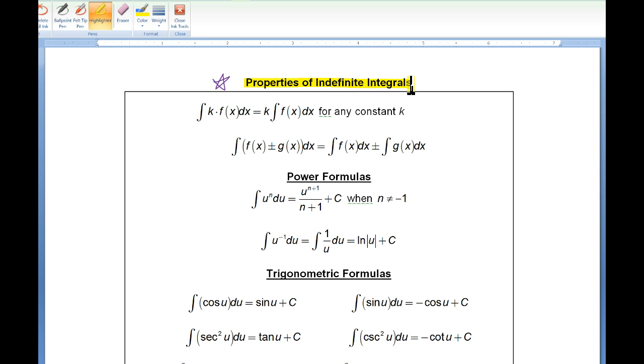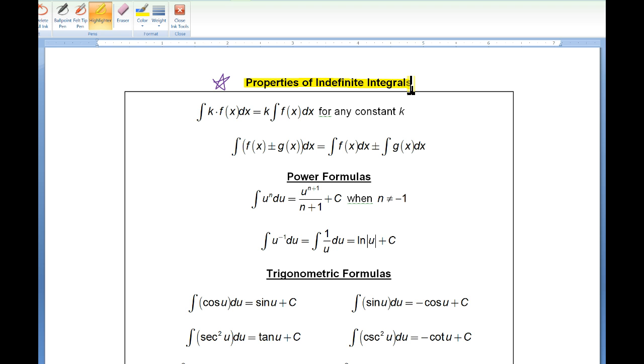First thing, we already talked about the constant multiple can be brought out in front. That's just review from 5.3, but the next one is the power formula. Remember with derivatives, we would take the exponent to the front, and then we would subtract one. For integrals, we're now going to add 1 to the exponent and divide by that new power.